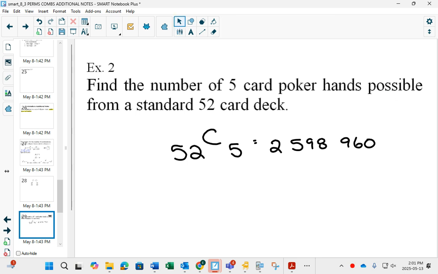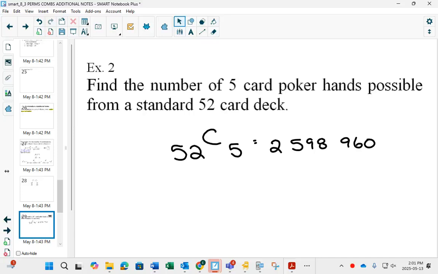Almost 2.6 million different poker hands. So you can play poker hands over and over again, and chances of you seeing the same hand again are very unlikely.